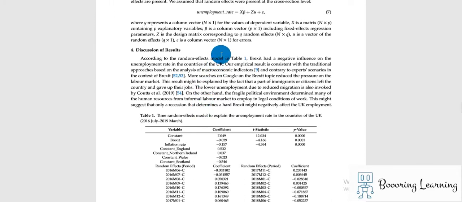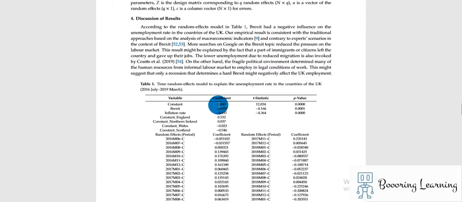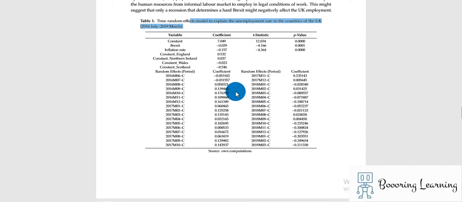According to the RandomFX model in table 1, Brexit had a negative influence on the unemployment rate in the countries of the UK. Our empirical results are consistent with the traditional approaches based on analytics of macroeconomic indicators. So these are the time random effects to explain the unemployment rate in the countries of the UK.